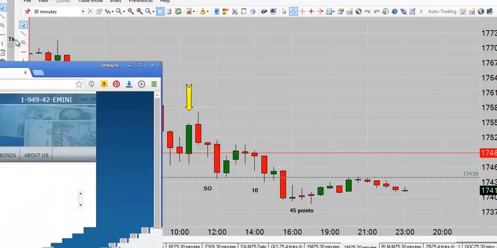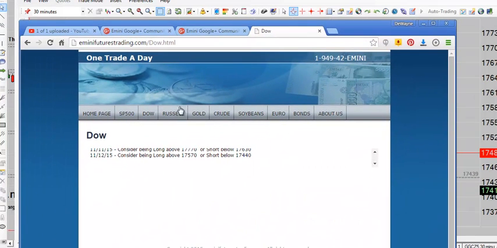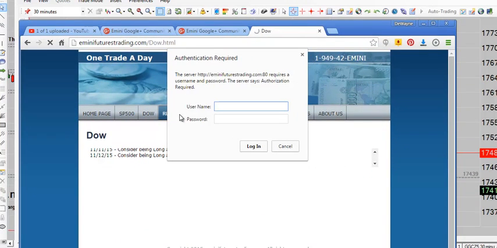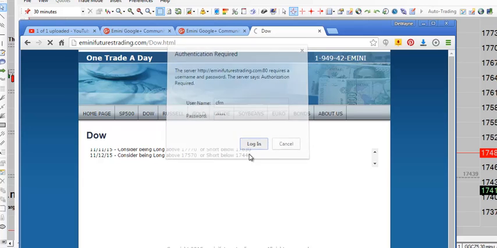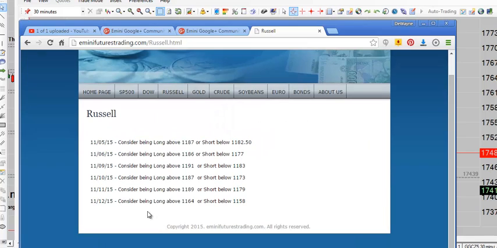Okay? I tell you, we're going to just move through these really quick. I got to learn to do this if I'm going to be able to give you a recap every night. You can always email me with any questions you have. Okay? All right. So, on the Russell, long above 64, short below 58.